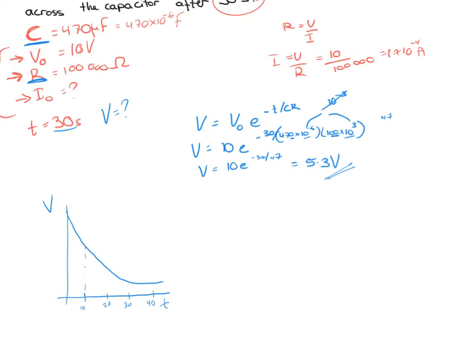For example, if this is V0 and this is V1, then this will be V2, this will be V3, this will be V4. I want you to notice that I have equal time intervals between the numbers I've marked on the y-axis.